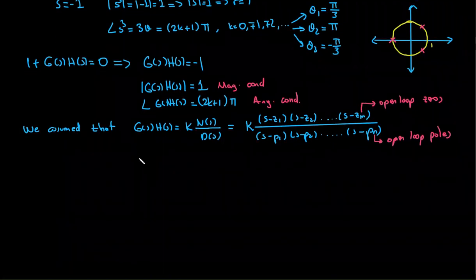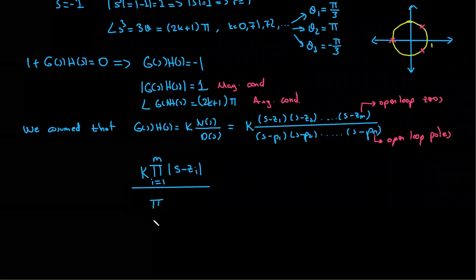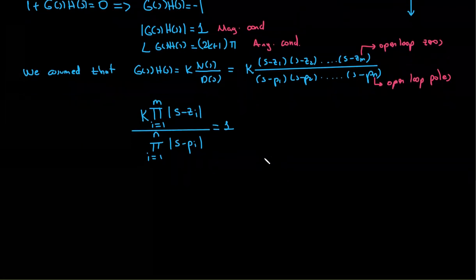From the magnitude condition, I should have k times the product for i from 1 to m of the magnitude of s minus zi, divided by the product for i from 1 to n of the magnitude of s minus pi, should be equal to 1. This is the magnitude condition.